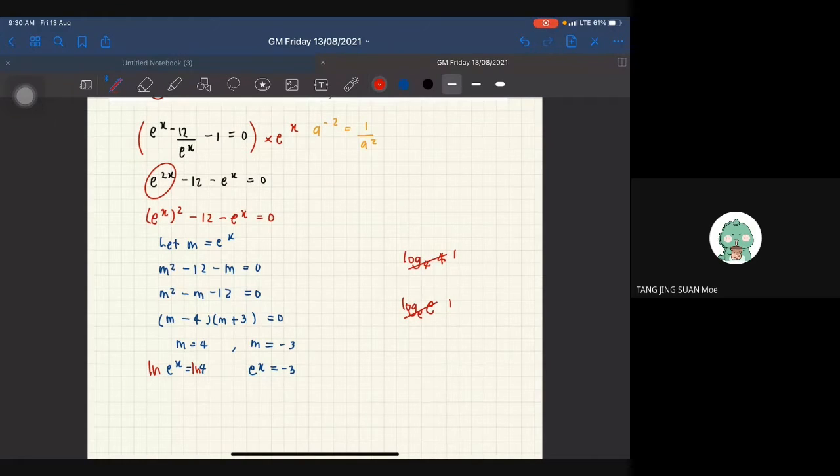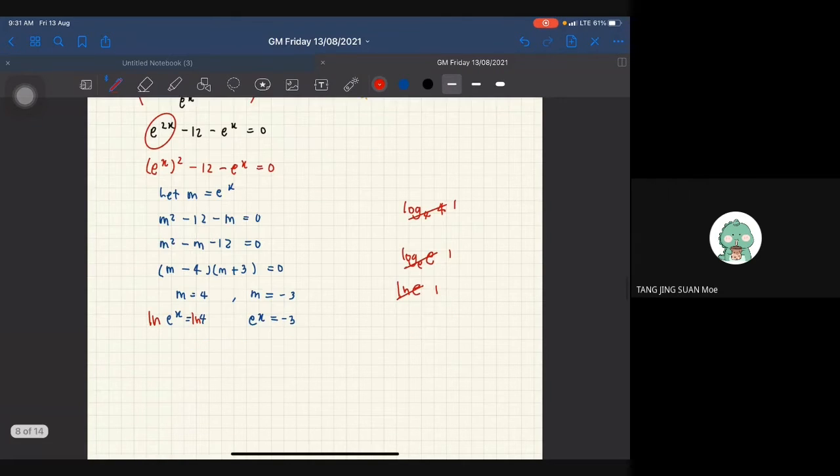Okay, so dia sama juga dengan ln. So dia akan jadi 1. Okay, so that's why kita letak ln. Okay, boleh kan? Alright, so awak akan dapat x equal to ln 4. So this one dah cancel out and then this one dah bawa pergi depan. So you will have x equal to ln 4.